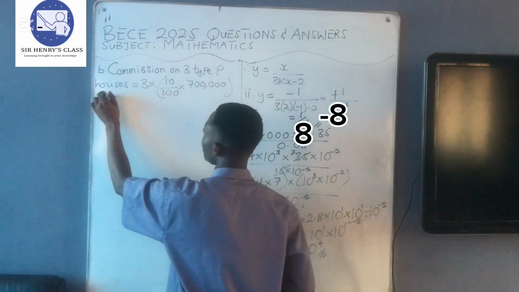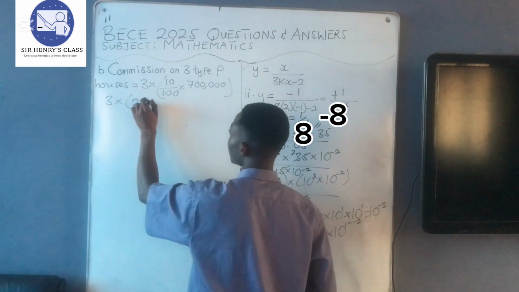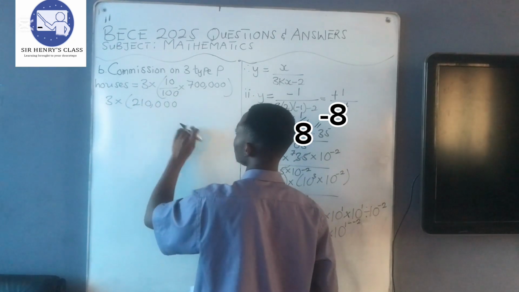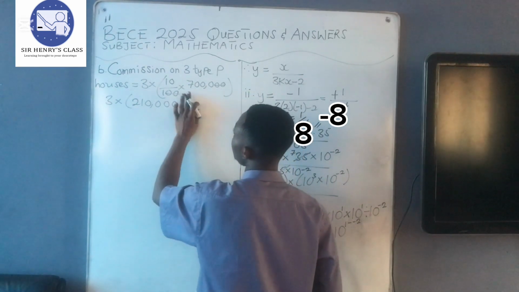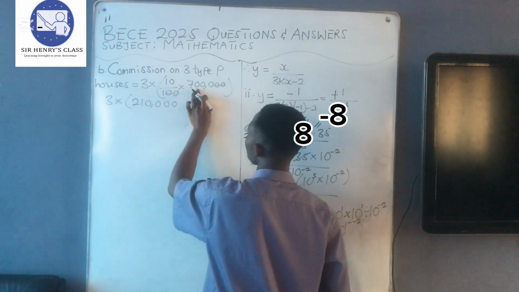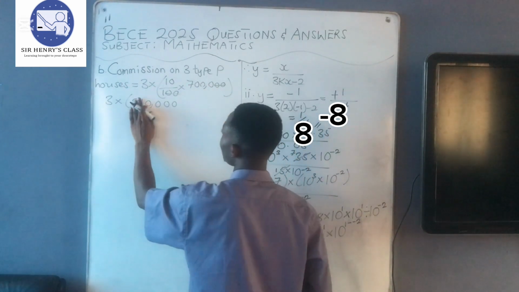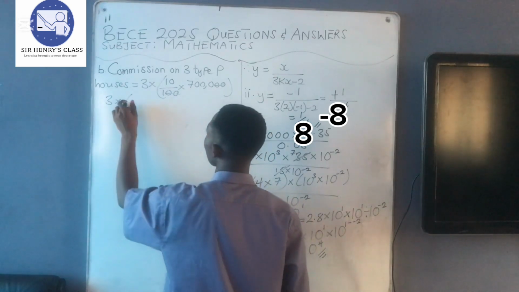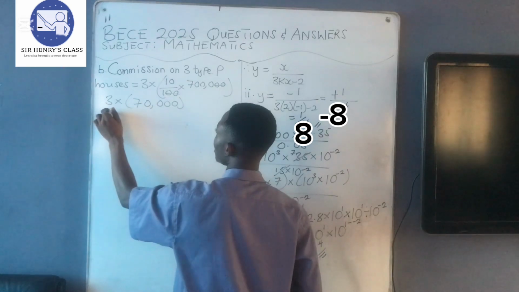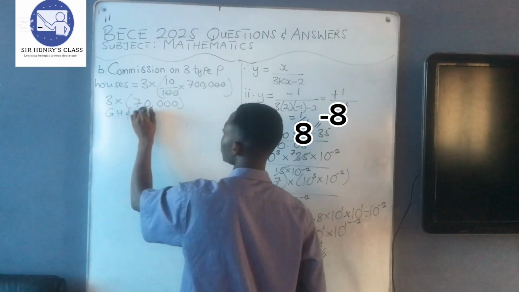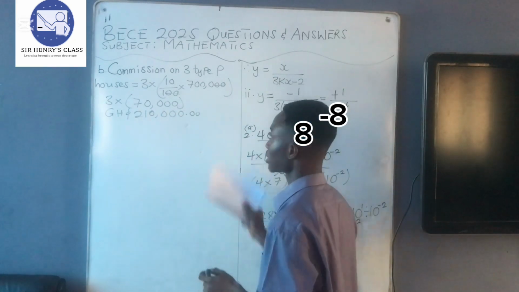Now when we simplify what is in the bracket, 10% of 700,000 gives us 70,000. When we multiply 70,000 by 3, this is 210,000. That is for the type P.